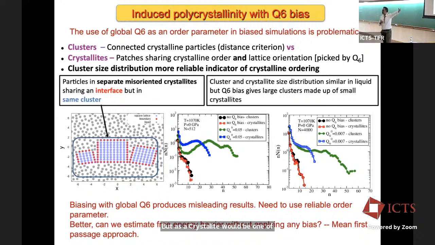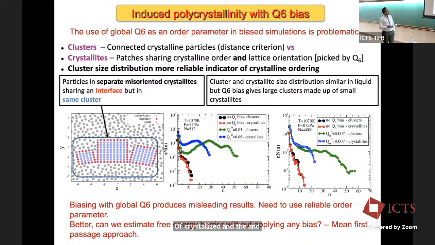So I look at the distribution of crystallites I have, or crystalline clusters I have, and they pretty much are the same when I don't apply a bias potential, whereas when I do apply the bias potential, the distribution of clusters extends to much larger values than the distribution of the size of crystallites.